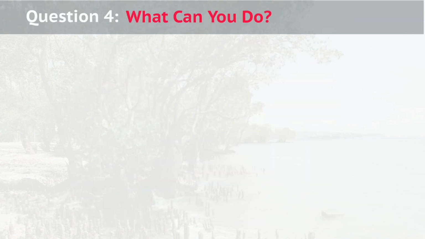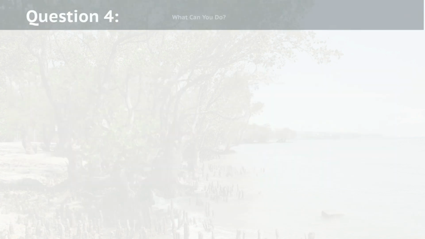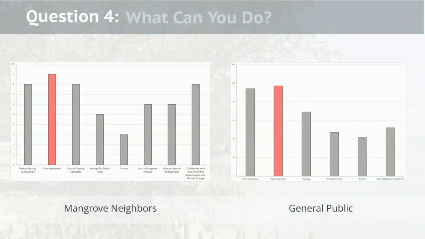The following question was different for each stakeholder depending on their aptitudes. 67% of the municipality employees are willing to allocate a budget for research, collaborating with different entities, and providing strict surveillance equally. 90% of agriculture sector representatives are willing to host mangrove seedlings. 56% of the mangrove neighbors have expressed their willingness to participate in raising awareness about mangroves. Almost 60% of the general public revealed their readiness to spread awareness and their promptness to help in planting mangroves.